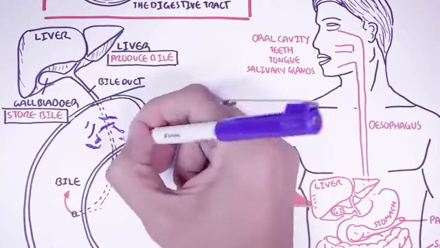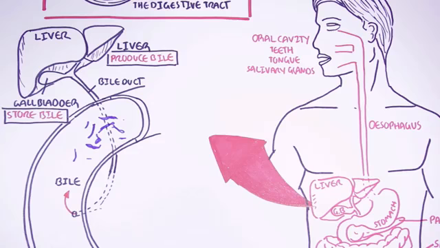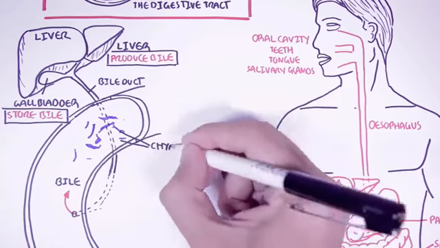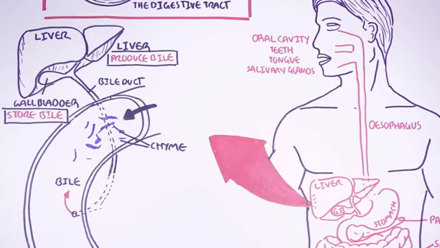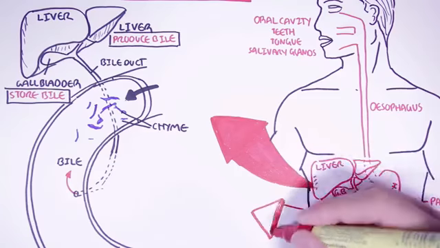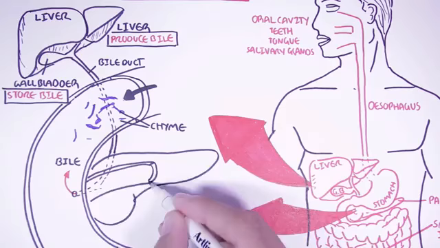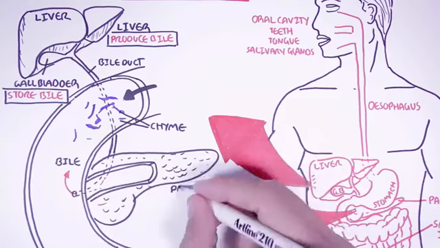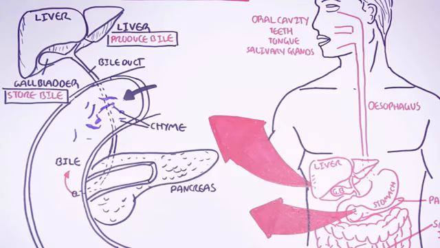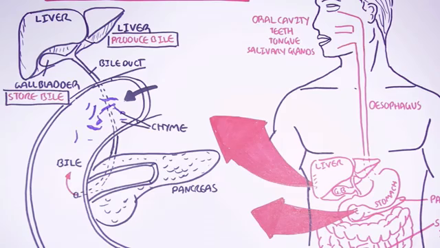So to see where the food is, the chyme is actually coming from the stomach and is here within the small intestine now. So the other important accessory organ that has to be mentioned here is the pancreas. The pancreas is an important endocrine and exocrine gland.